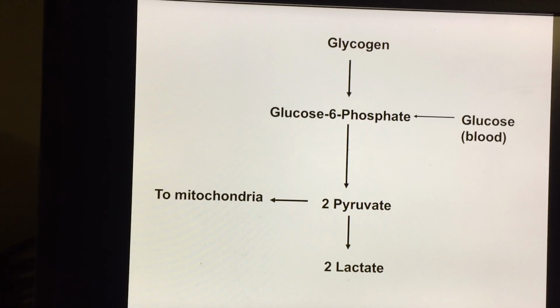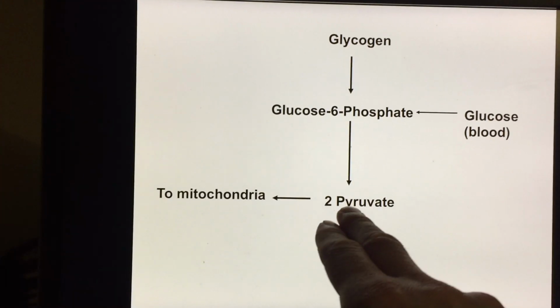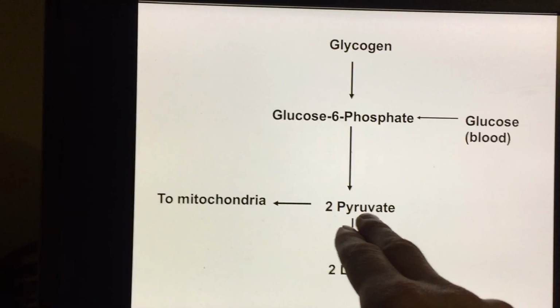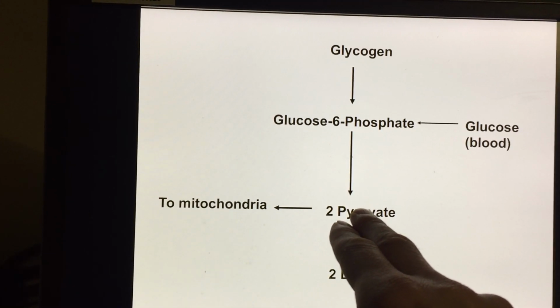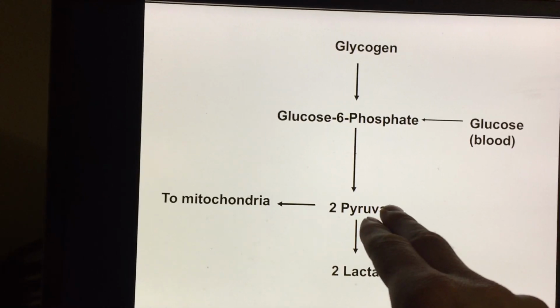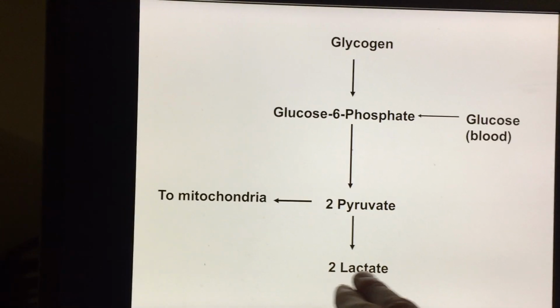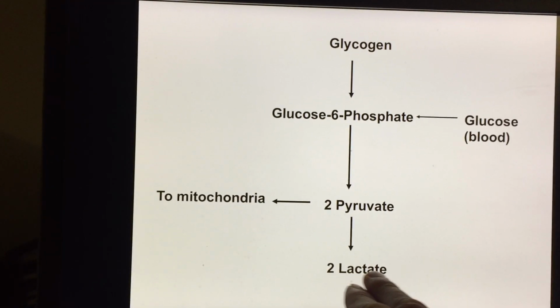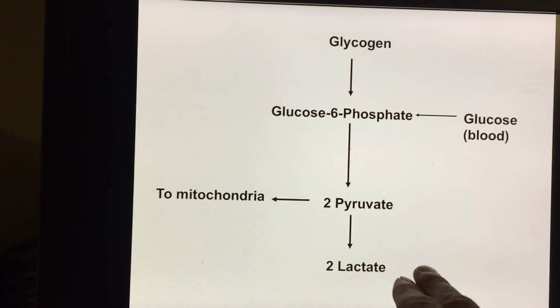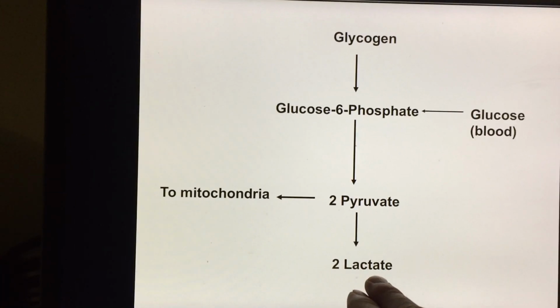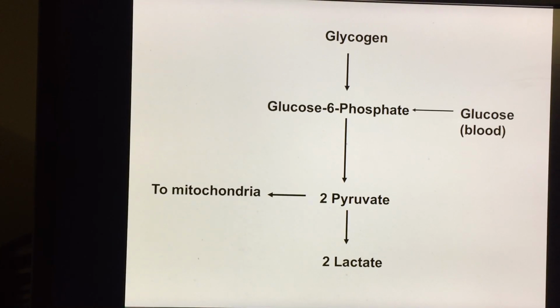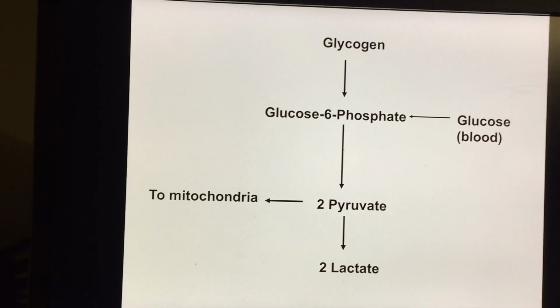Pyruvate sometimes is referred to as pyruvic acid. The pyruvate is just the pyruvic acid without hydrogen, and same with the lactate. So the difference between lactate and lactic acid is that lactic acid has hydrogen. The lactate is the ion that is separate from the hydrogen.